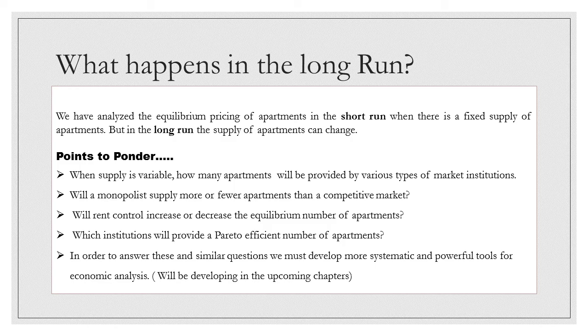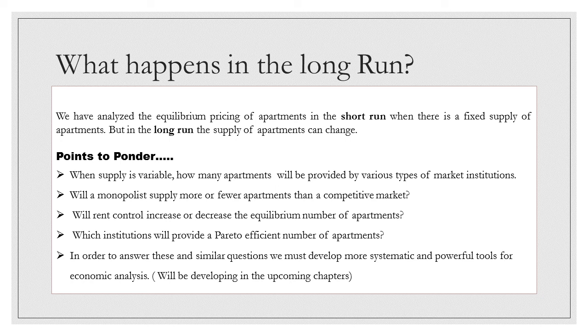Here a few points one should ponder over are the key questions, I would say. When supply is variable, how many apartments will be provided by various types of market institutions? Will a monopolist supply more or fewer apartments than a competitive market?